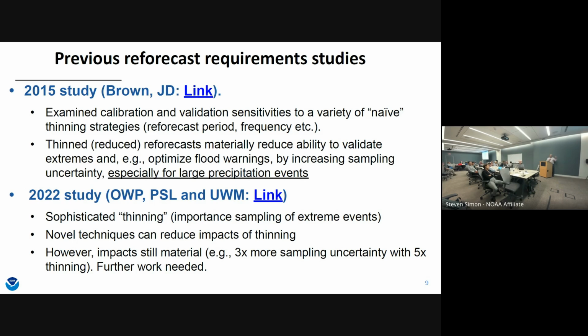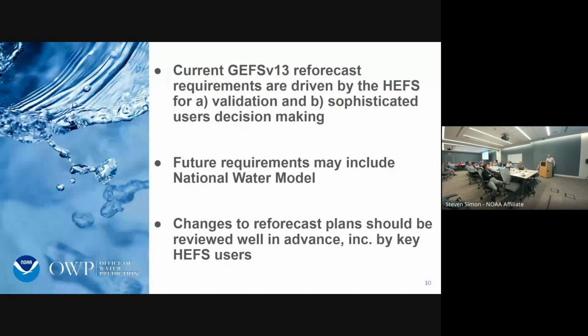And then we had a study with PSL and the University of Wisconsin in Madison, where we tried to do some sophisticated thinning using methods that they created. It looked like there was some hope, but there really hasn't been any follow-through. We're not hard-headed. We're willing to listen and adapt as needed.